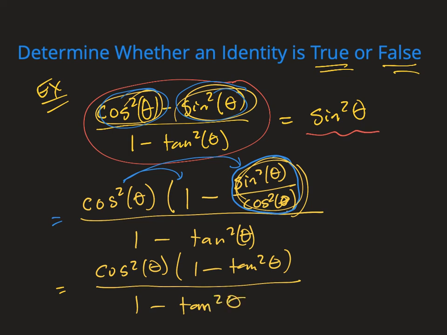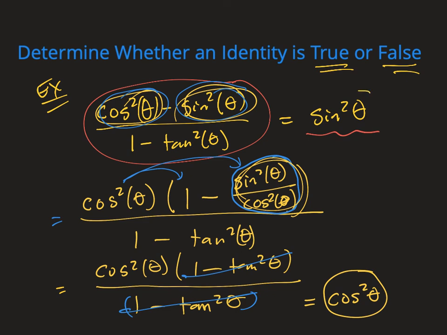Now remember, there's implied parentheses down here on the bottom. So this binomial can be canceled with this one. And so what I've arrived at is that this left side equals cosine squared of theta. Now that's good news or bad news depending on what you were hoping for.